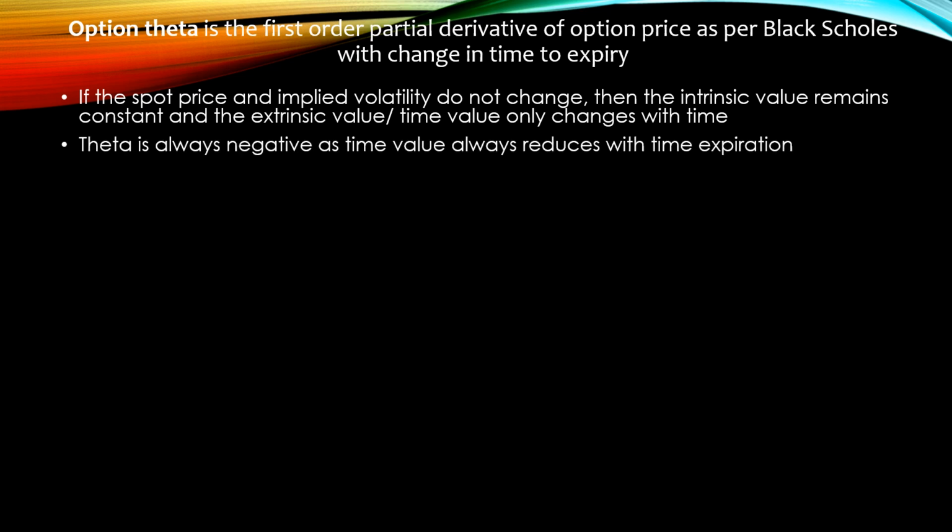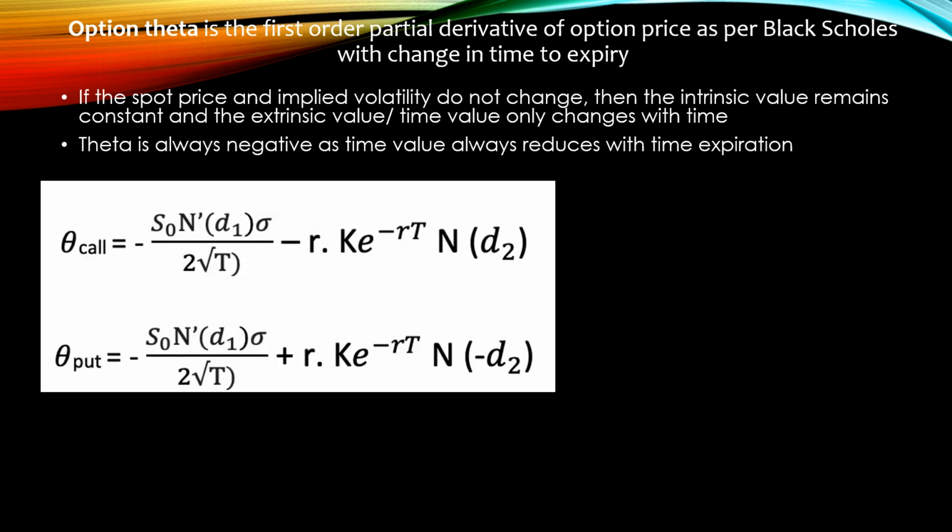Theta is always negative as time value always reduces with time to expiration. Now let's examine the formula of theta arrived at by partial differentiation of the Black-Scholes formula with respect to time to expiry. The formula for theta is different for call and put options.